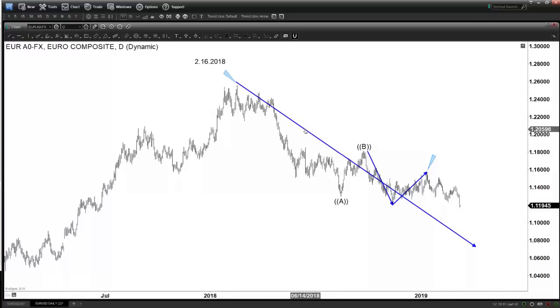Until then, the daily structure is looking for continued selling pressure in the pair. And you can also see, starting from this peak here on January 11, 2019, technically that will be wave 2 of C.